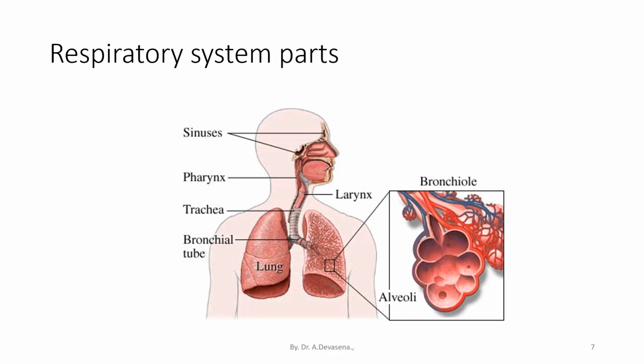And the lower respiratory part includes the trachea, the bronchi, the bronchioles, and the lungs. The organs of the lower respiratory tract are located in the chest cavity. They are delineated and protected by the rib cage, the chest bone, and the muscles between the ribs and diaphragm.